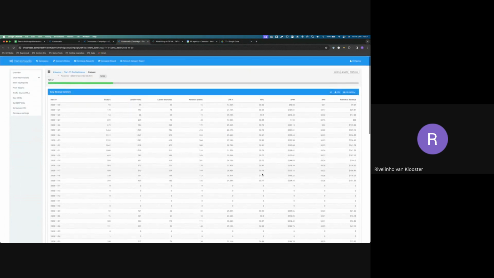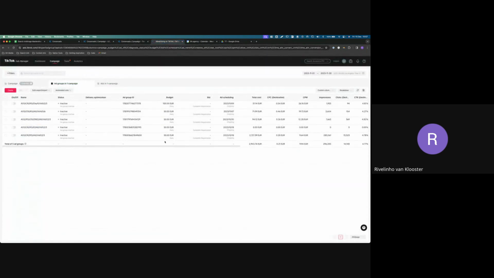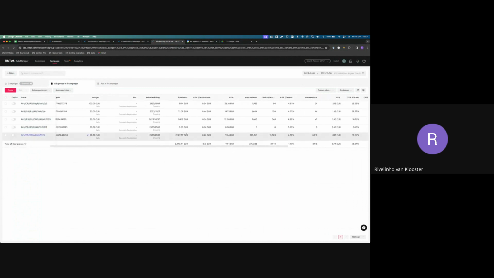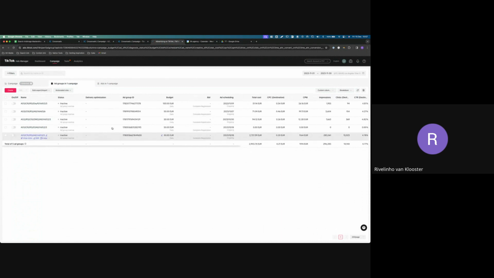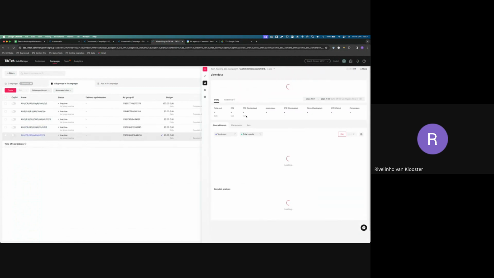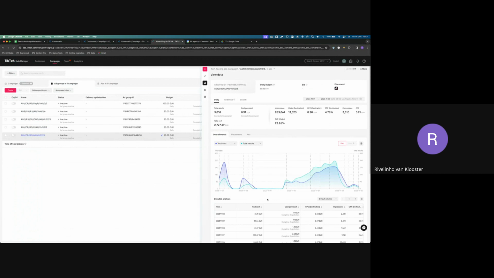So the RPCs, as you can see, were pretty much the same, but it's more about the CPAs here. Where did you spend the most? You spent the most here. CPA.